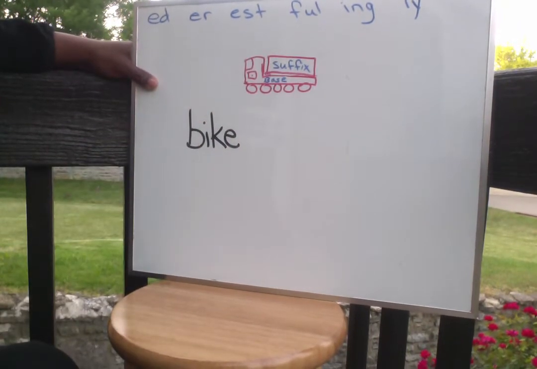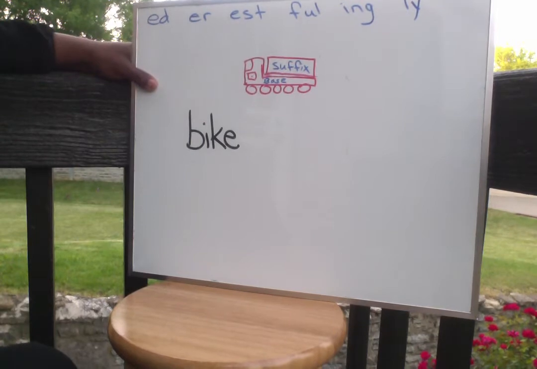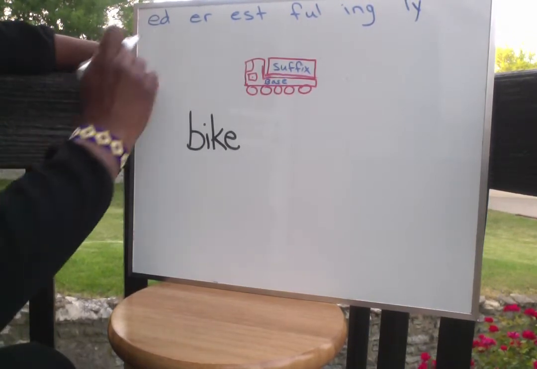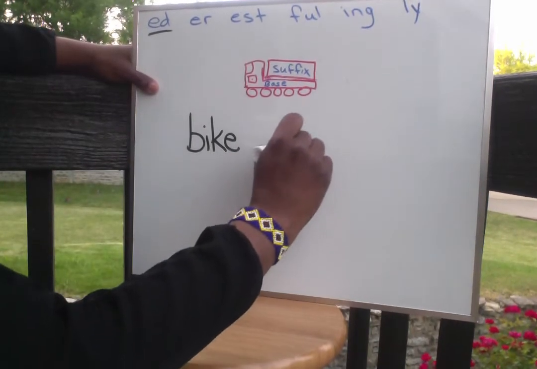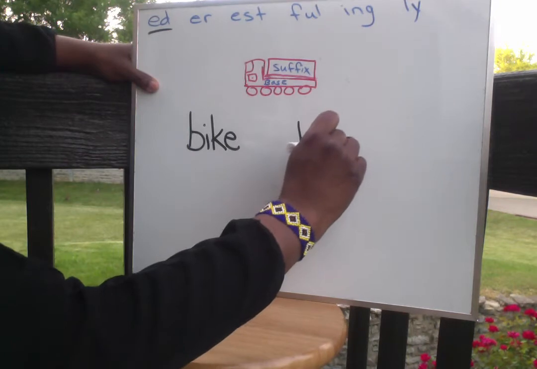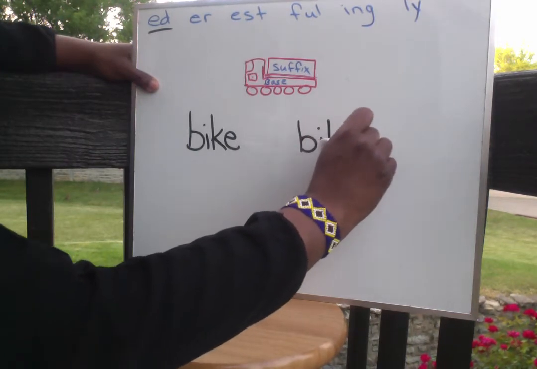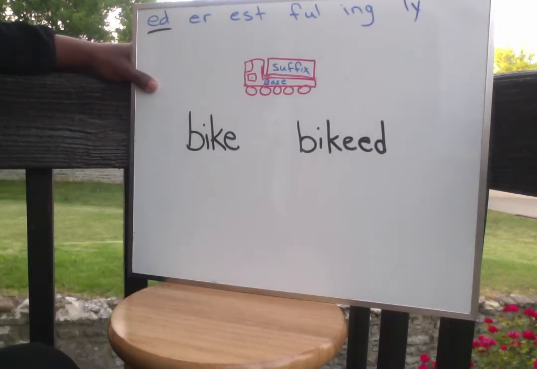Bike. All right? She biked home yesterday. Yesterday, past tense, so I'm going to use ED. So I write the word bike, and then I add ED. Wait a minute, that doesn't look right. That looks like bikeed? Bikeed?